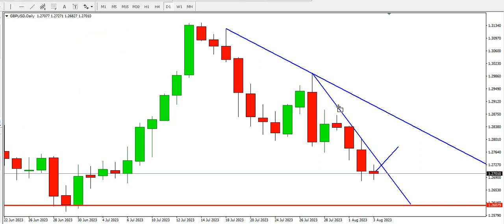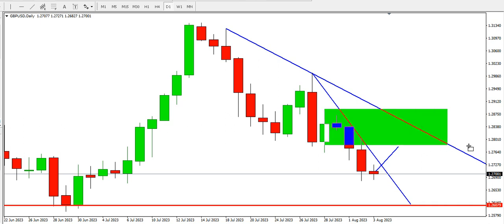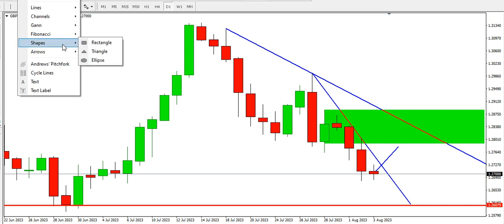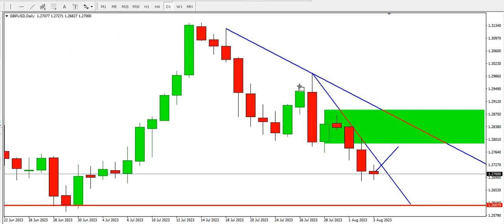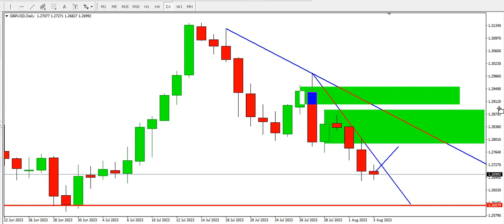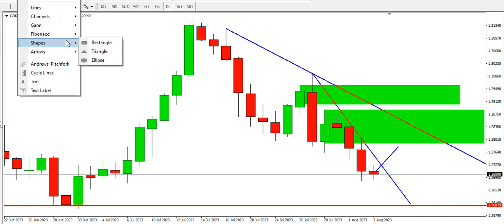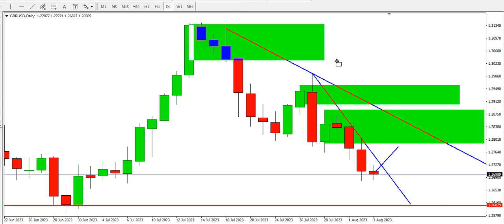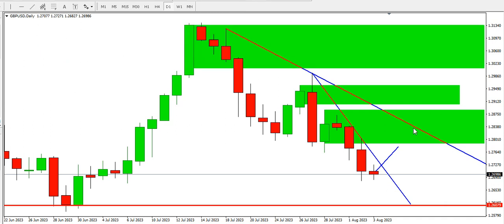Sellers will be lined up around here to try to push price down some more. But if that doesn't hold price and price continues to go up, we have another order block around here, and if the price continues to go up, another order block lined up around here.